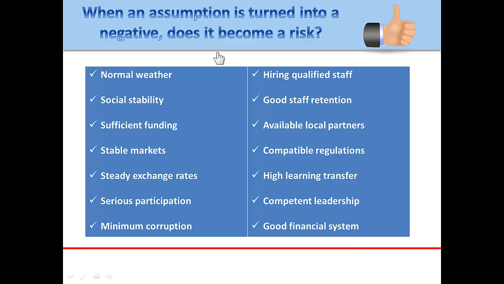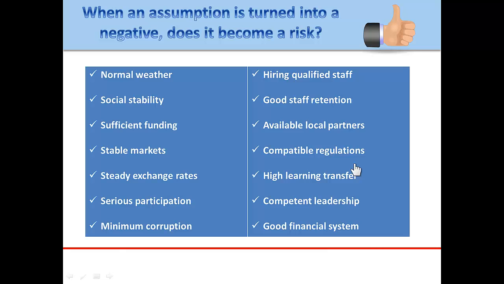The video on using assumptions as a PM tool gave a resounding yes to the question on this slide. The project manager can turn almost every assumption, as those that you see on this slide, into a negative and use them to populate the risk register.